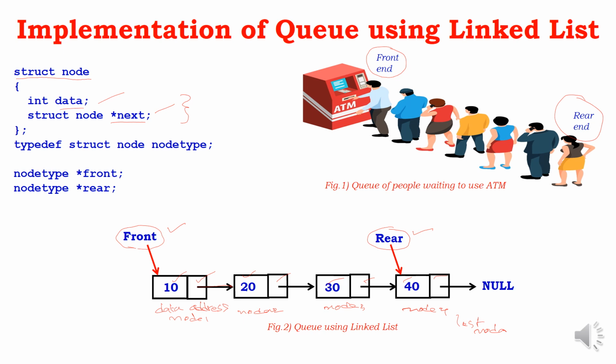Now we can define a queue using the node type identifier. What is node type? Node type is a type equivalent to struct node. What is struct node? It contains two members. So front is a node type variable, rear is a node type variable. Front is pointed to some node and rear is pointed to some other node.